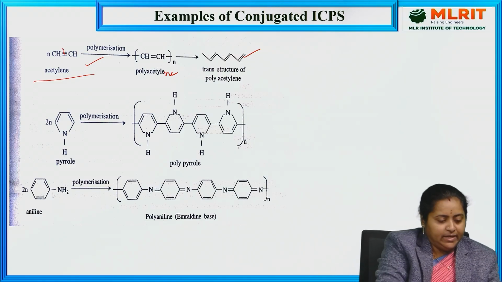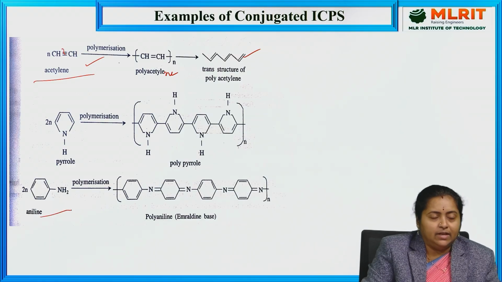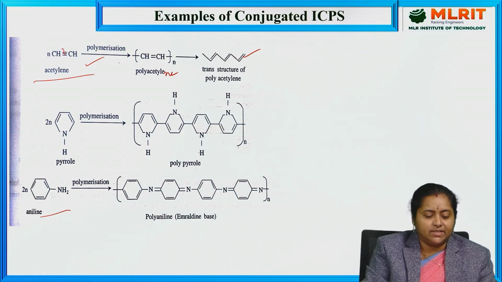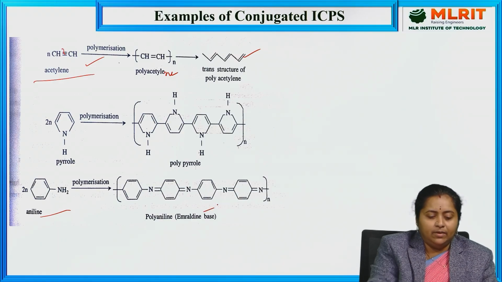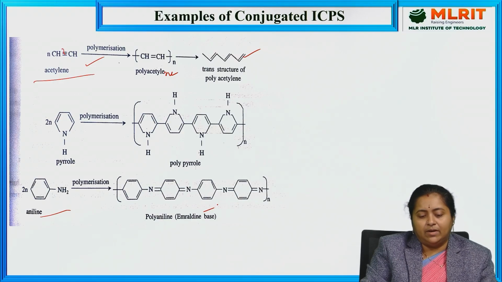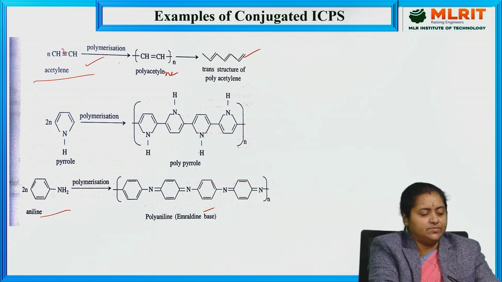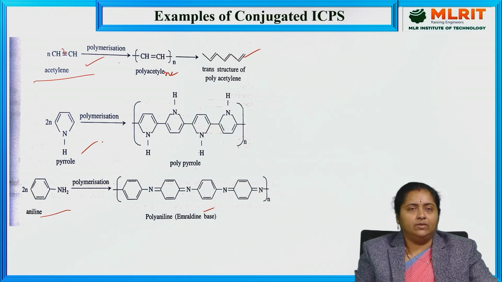Similarly, this is the structure of aniline, and n moles of aniline act as monomer and are subjected to polymerization reaction, forming polyaniline, or what we call emeraldine base. Similarly, one more example is pyrrole, leading to polypyrrole.